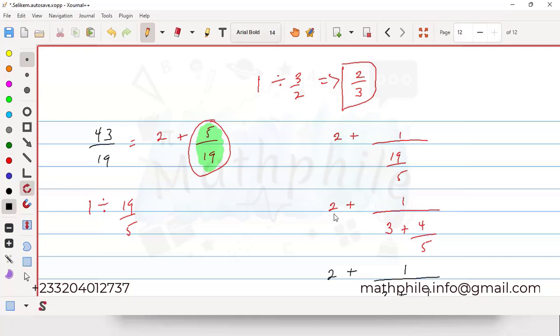Let me try to get the numbers. The fractions I'm getting are way too big.